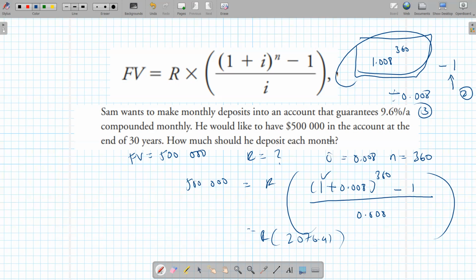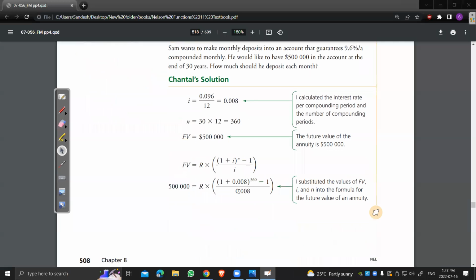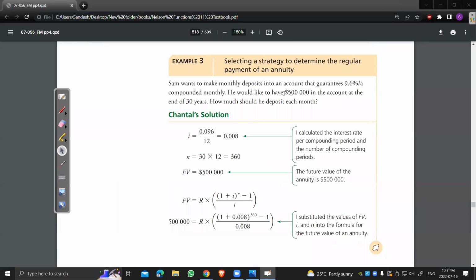So divide 500,000 by what you got, 2076 point this. 500,000 divided by 2076.4. I got 240.801. Okay, what does that represent? The amount he should deposit each month. Right, so that's the amount you should put in the bank every month.